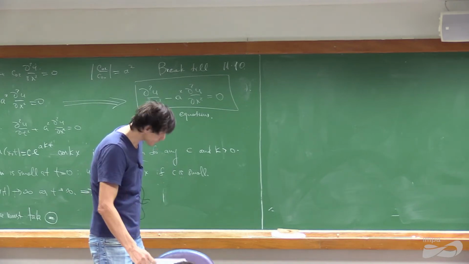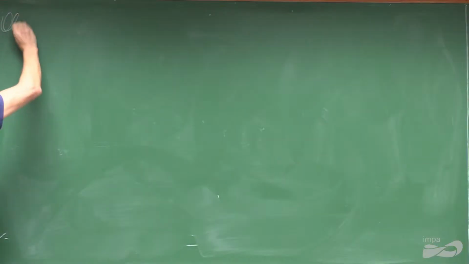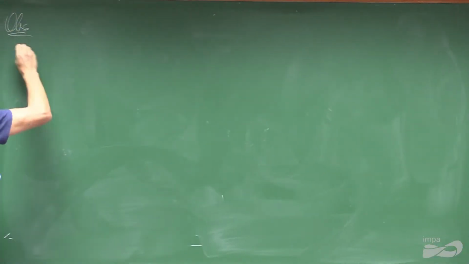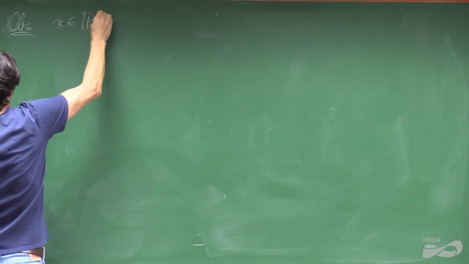Continue. So just a small observation is what happens when you consider x in larger dimension, for example, in 3 dimensions. Then you can add one more hypothesis.